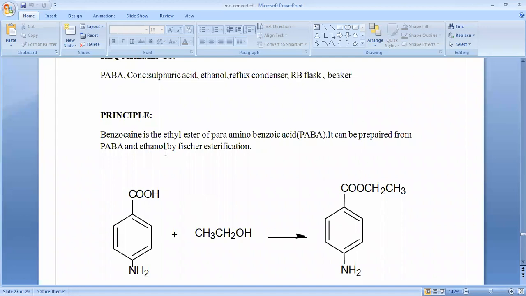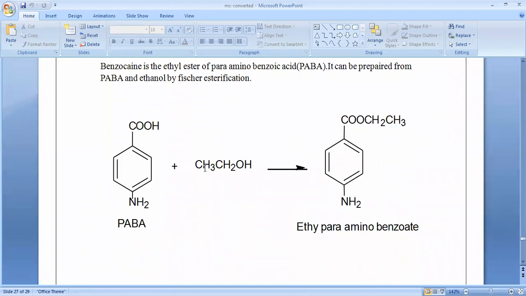What is the principle behind this particular synthesis? Benzocaine is the ethyl ester of para-amino benzoic acid. Benzocaine, which is used as an anesthetic agent, is nothing but the ethyl ester of the PABA molecule, that is para-amino benzoic acid. It can be prepared from PABA and ethanol by Fischer esterification.